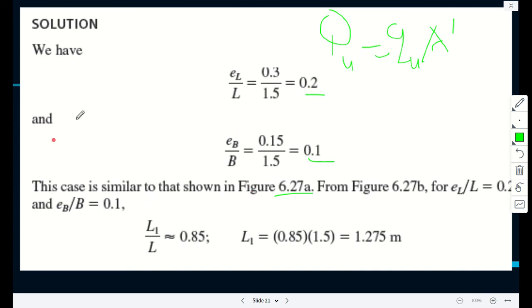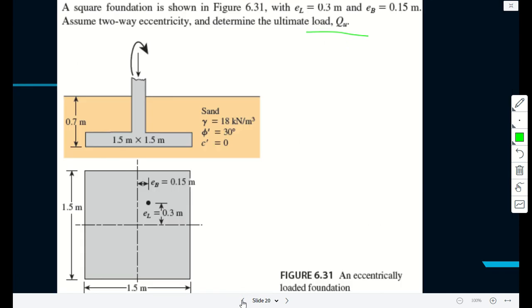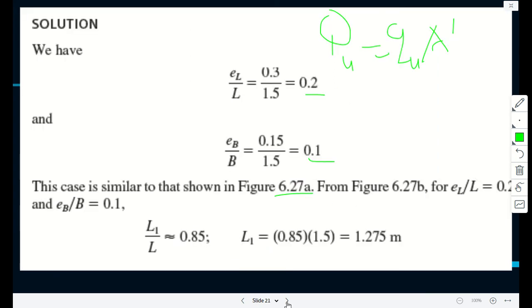I think these values are wrong because, wait. Yeah, because then if you divide 0.15 millimeter, that's it, divide by, okay, yeah, see that's 0.1 and 0.3 divided by 3, 6.27 A. Okay, let's see.